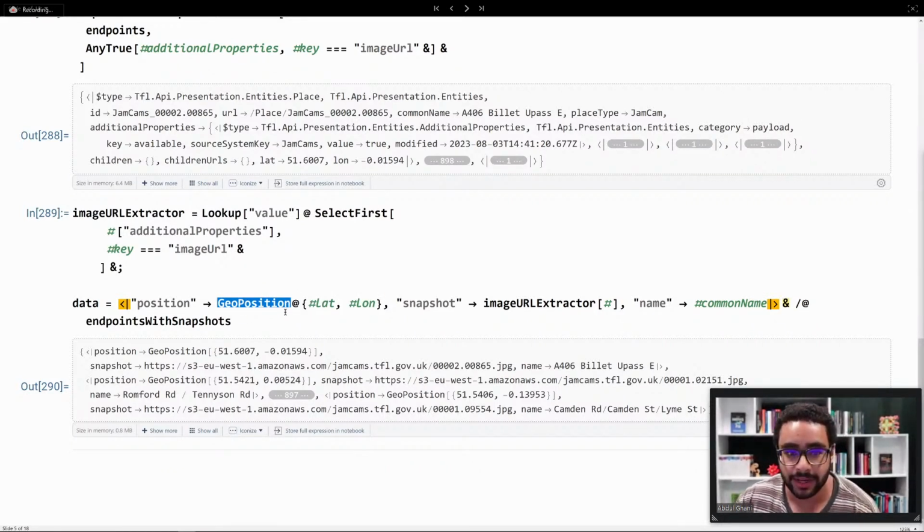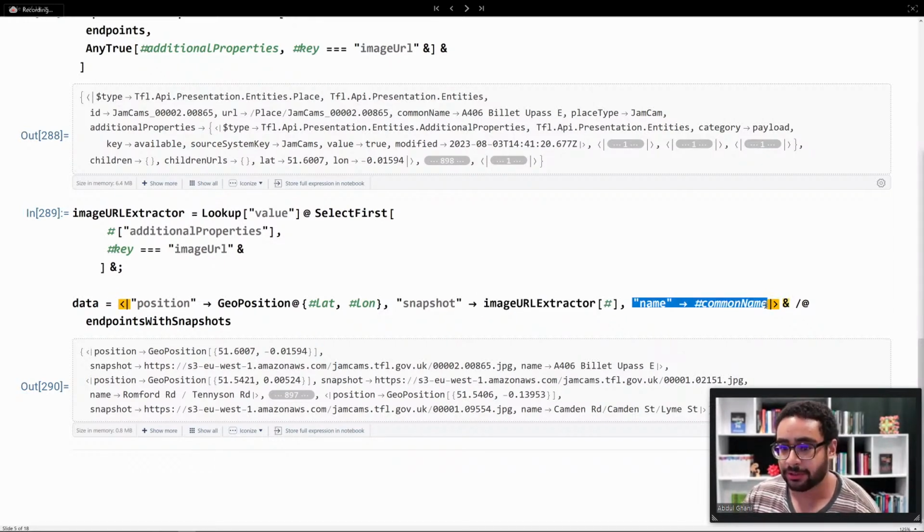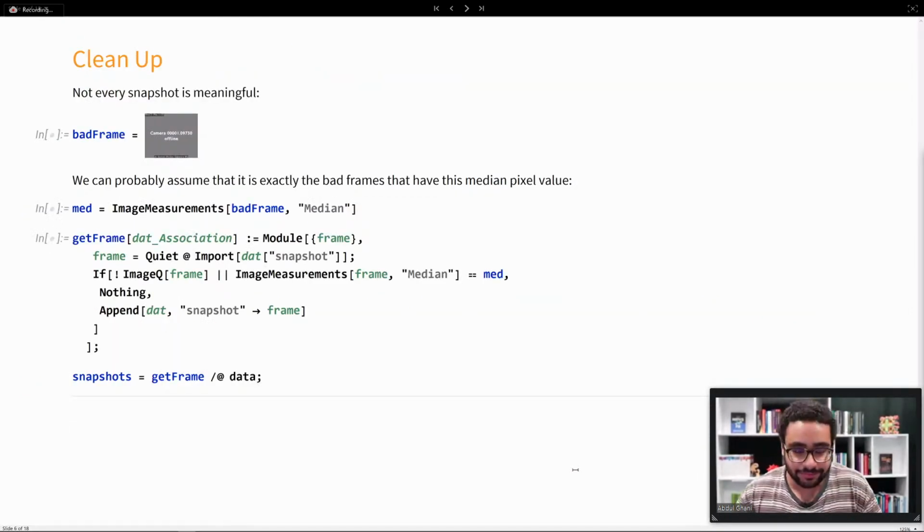This is a wrapper that Mathematica has to deal with geographic positions. That's good. And then we get the actual snapshot, which at this point is the URL. And then we want the name, because this will help us later make an interface that we can use to probe around and do stuff. Okay, good. So that's the rough structure of the thing that we're going to be working with.